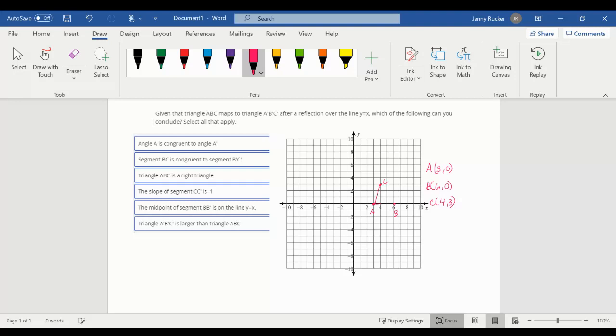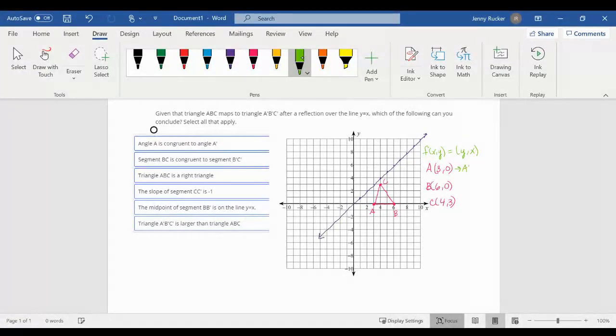We've now created a triangle ABC. We're going to reflect triangle ABC over the line y equals x. So let's go ahead and graph the line y equals x. And let's go ahead and reflect using our function rule f of (x, y) equals (y, x).